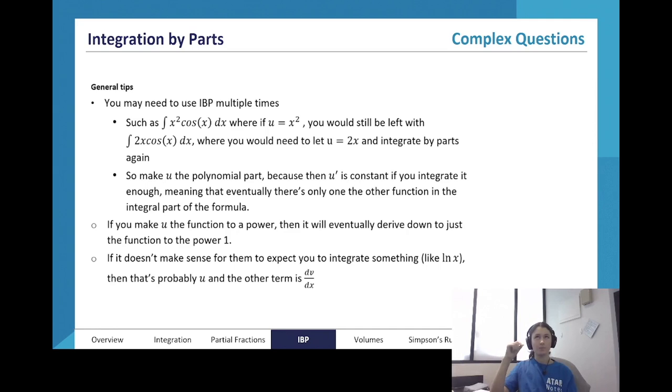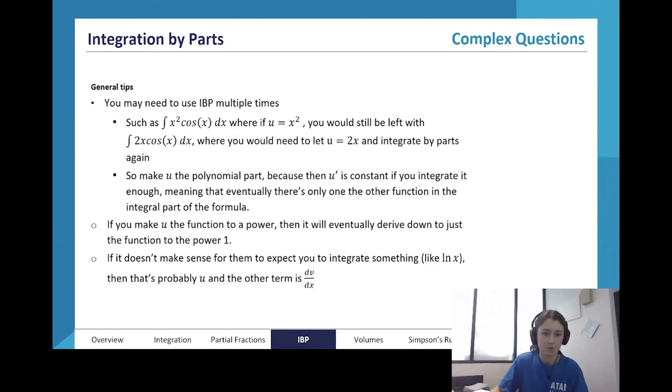But when you have a whole year's worth of content to remember for your external, it really is helpful to have a document of all of the tips for complex questions for specific areas such as integration by parts, to have a quick read through in the days before your exam. Okay, so the general tips that I have for integration by parts.